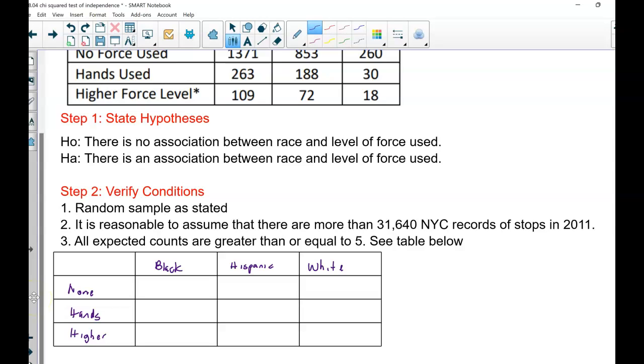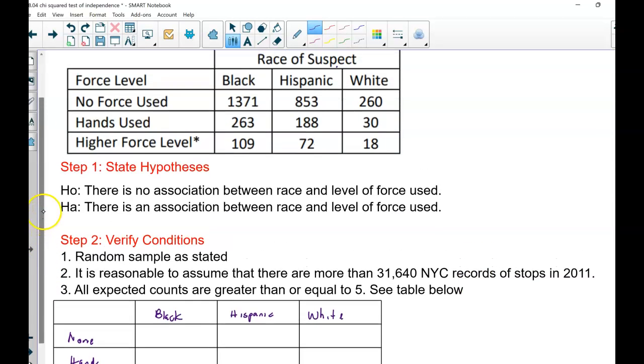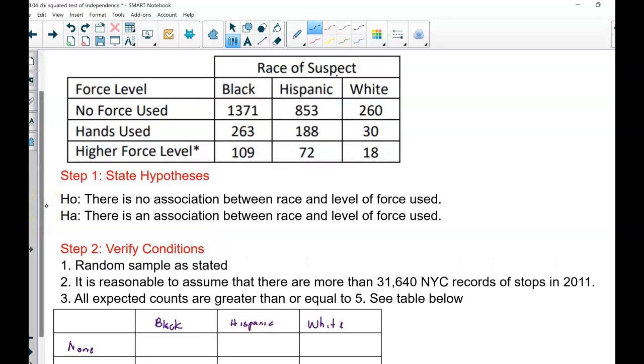The third condition is all expected counts are greater than or equal to 5. See table below, and you actually have to verify it. So in order to verify, you need to have the row totals and column totals because we're going to need the following formula to get the expected counts.